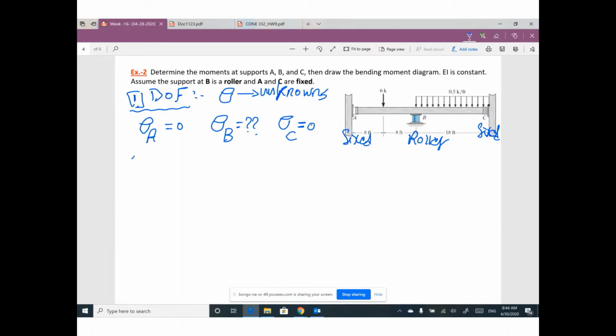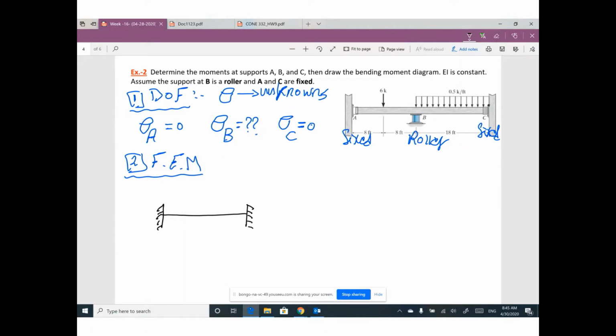Second step, we are looking for something called fixed end moment. You are going to assume each member is fixed from this end and fixed from the other end.